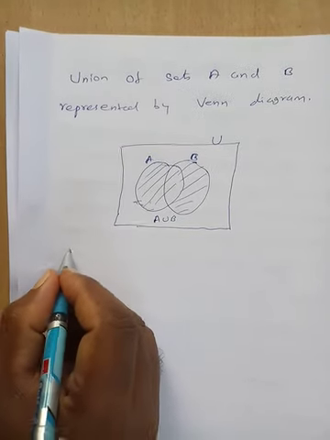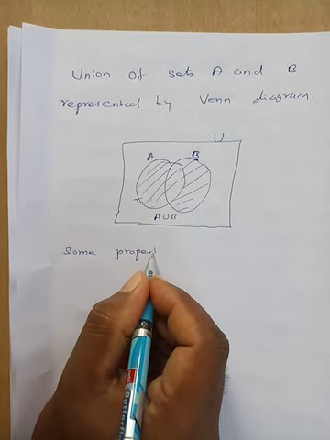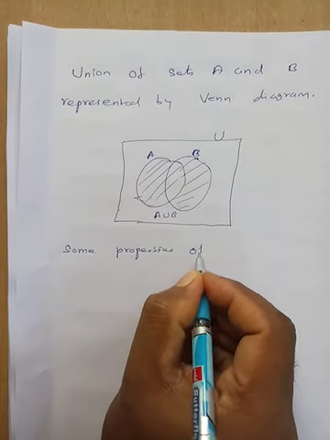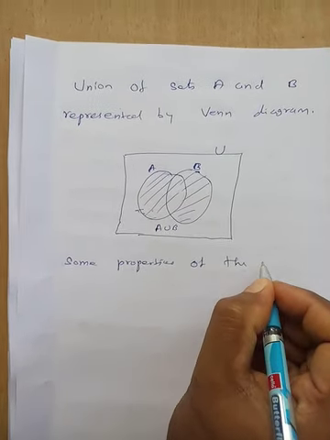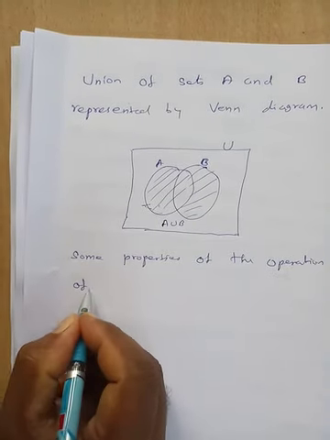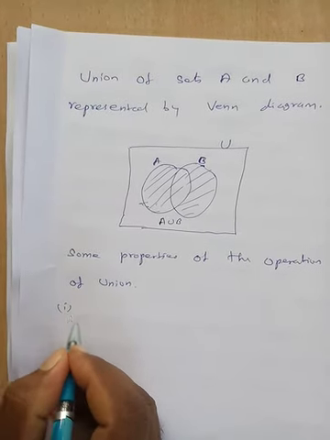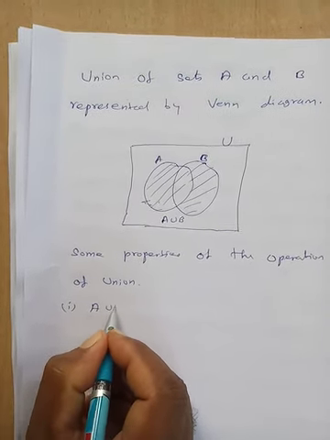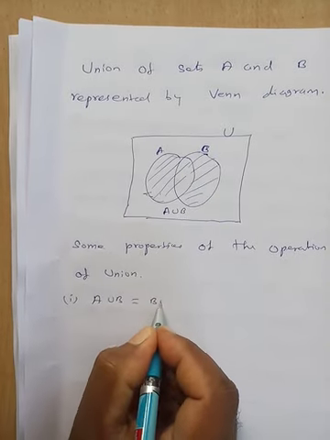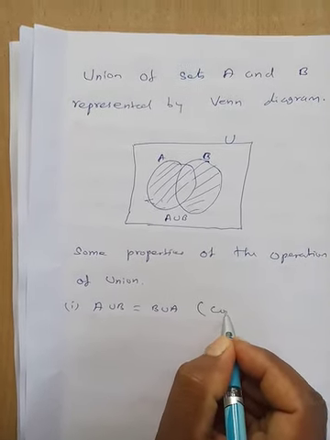Next, some properties of the operation of union. First one, A ∪ B is equal to B ∪ A. That is the commutative law.